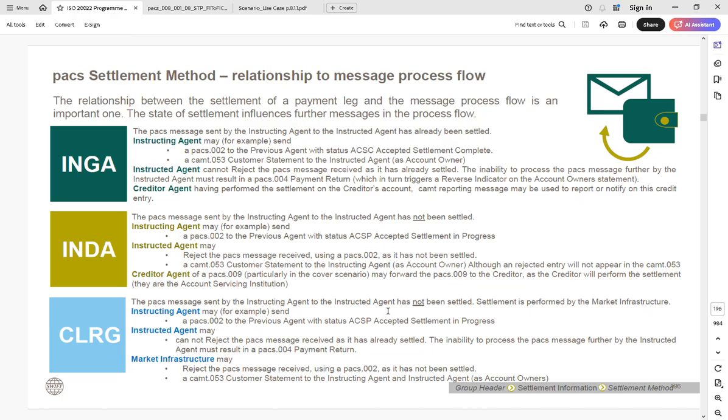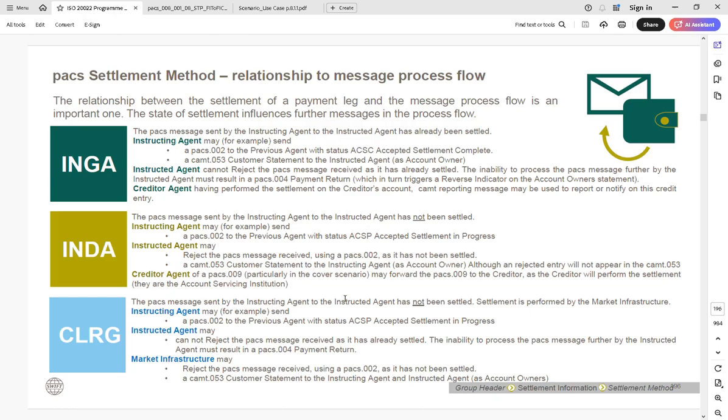I have already shown you a diagram in your basic session. I am going to explain this flow once again after you understand PACS004 and CAMT53, 54. 53 is a statement message at the end. There is nothing bigger to understand here. CAMT53 is a statement message sent to the account owner at the end.